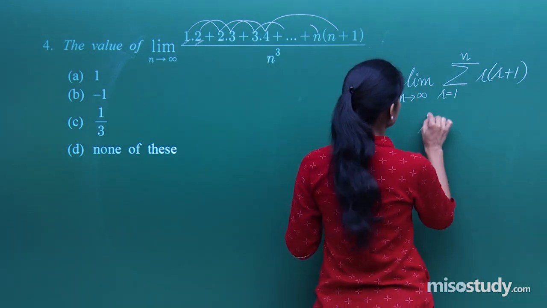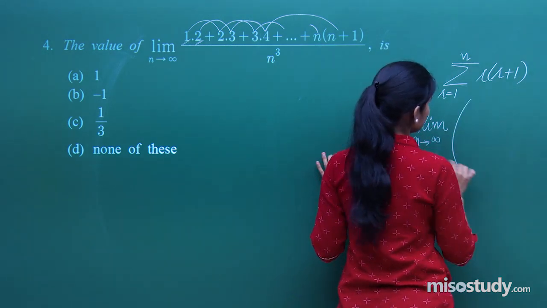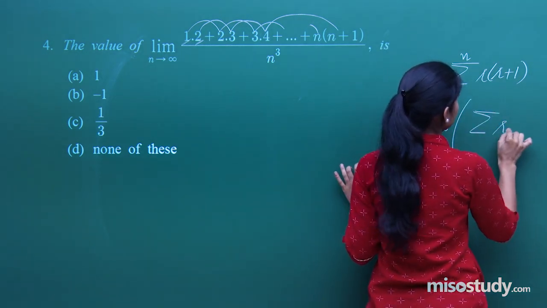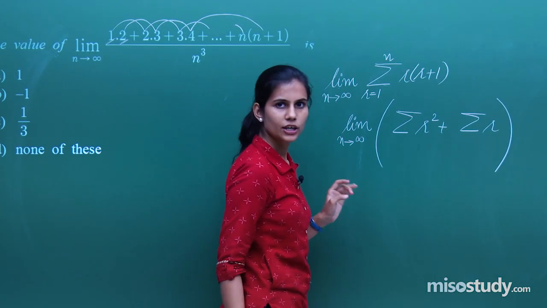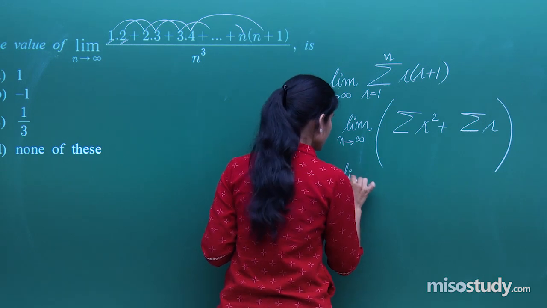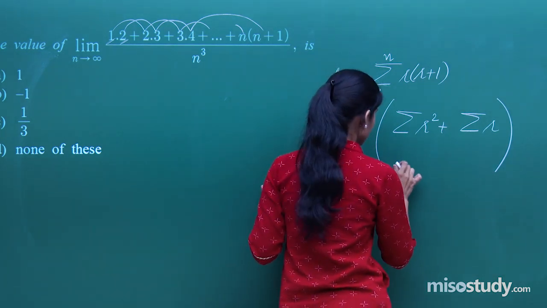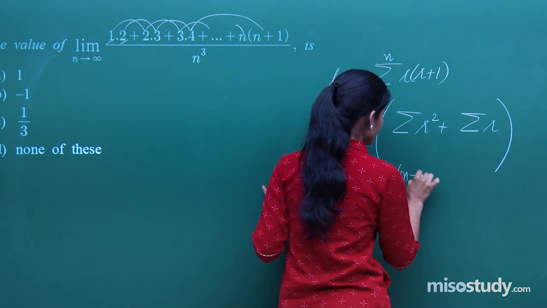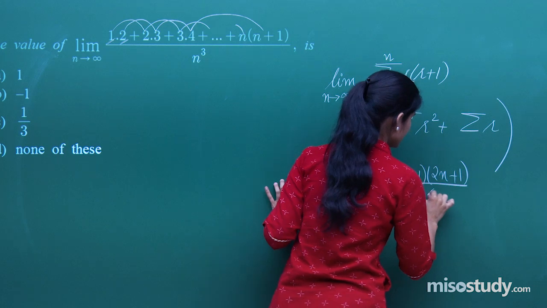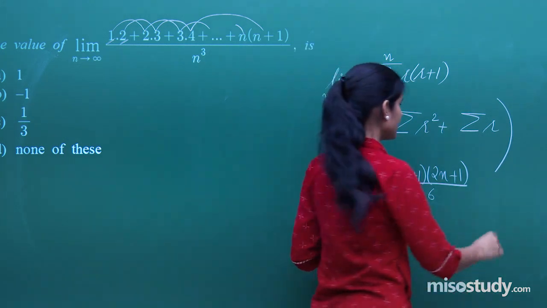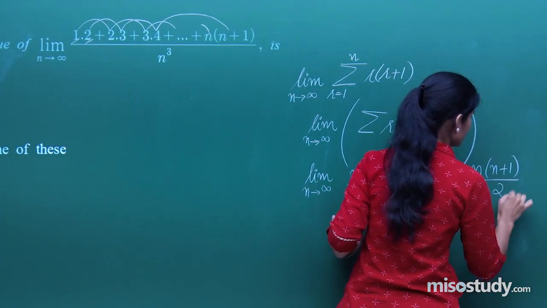So what you get in here is, this is limit n tends to infinity summation r square plus summation r. You know the value of these summations? This is limit n tends to infinity, n into n plus 1 into 2n plus 1 by 6, right, plus n into n plus 1 by 2.